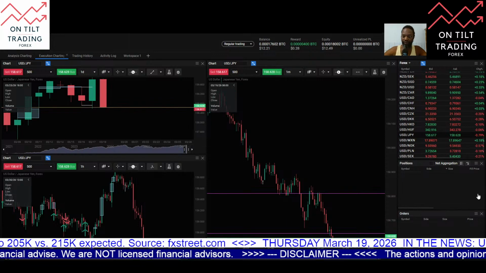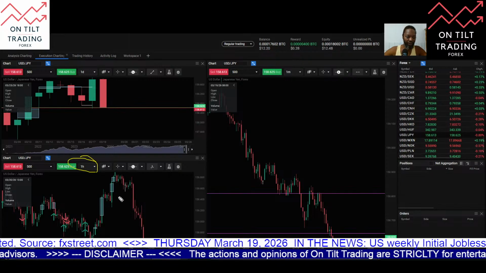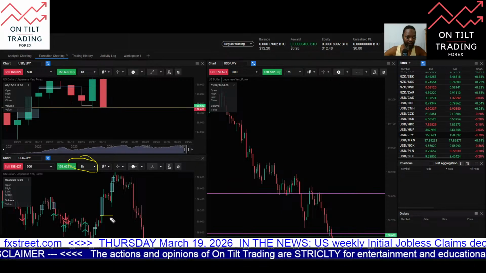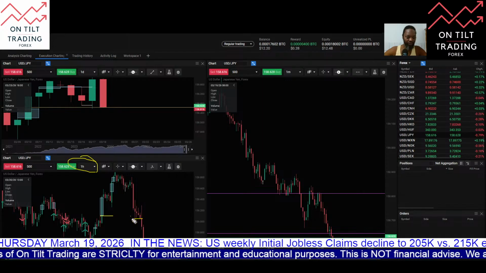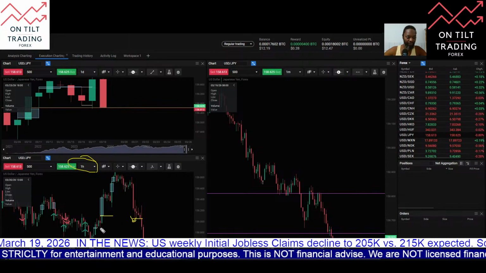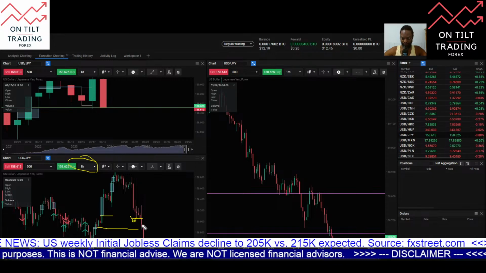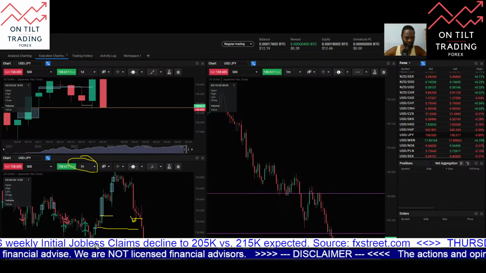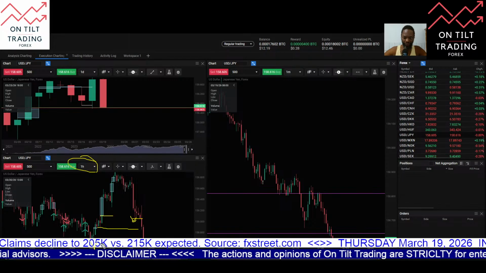And with that, we can see on the 1-hour chart we've got price sweeping the swing low here, trading into this bullish fair value gap here. And it's also possible price could trade below this swing low here.